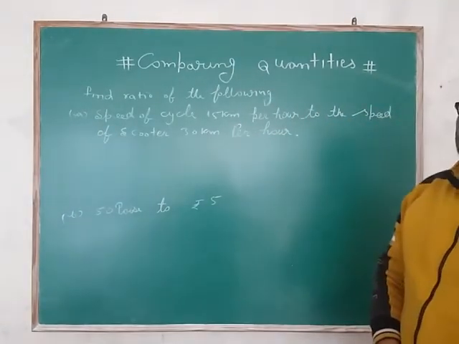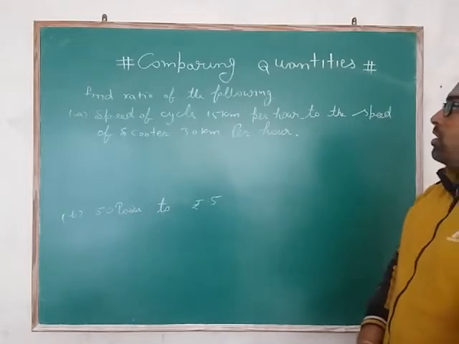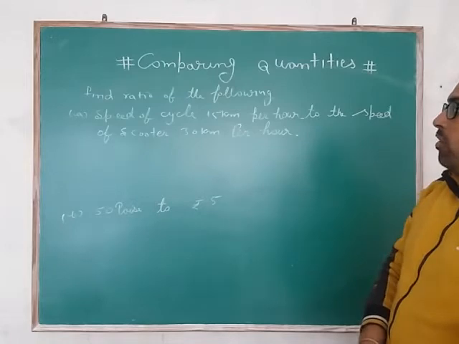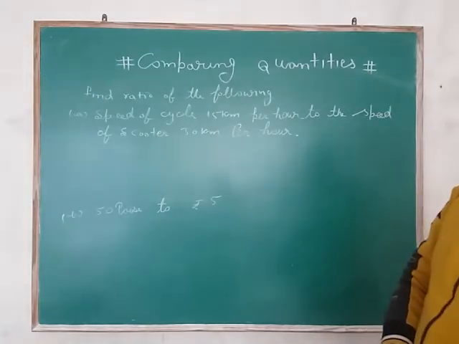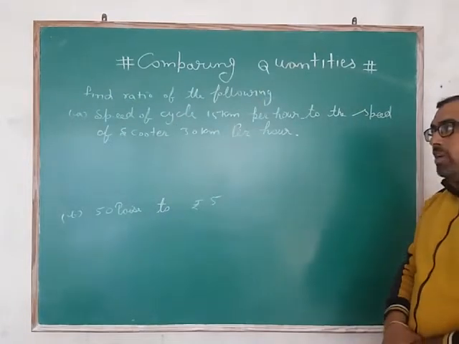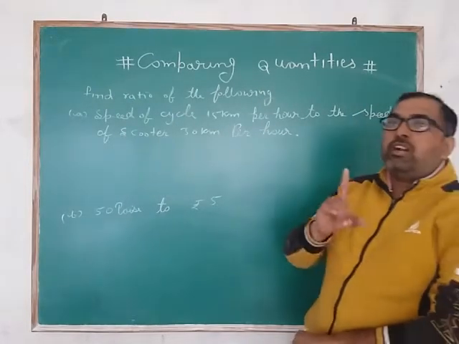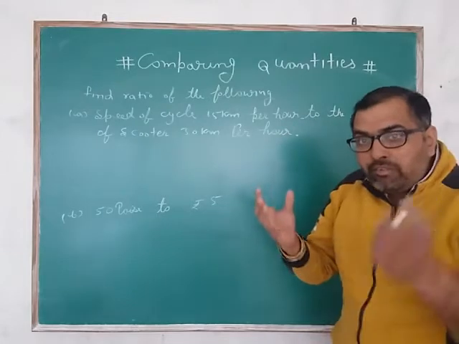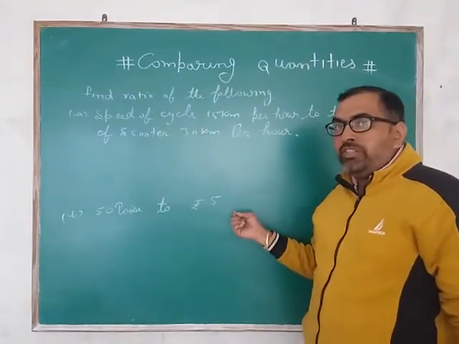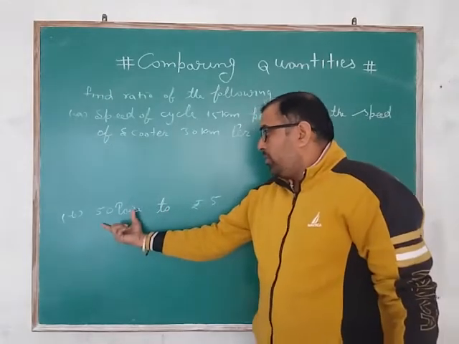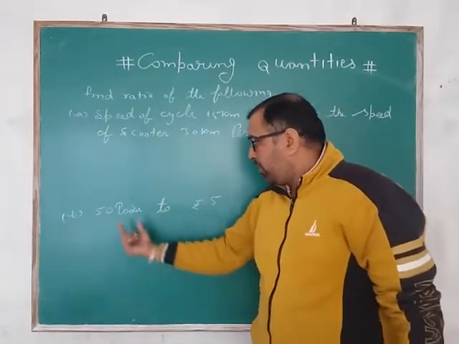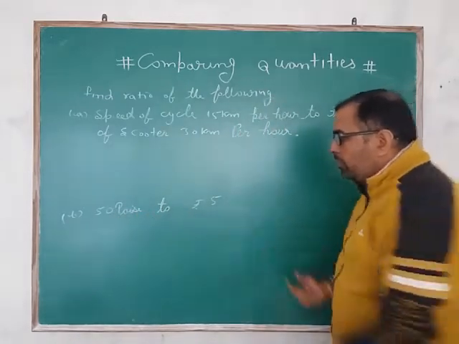Class 8, comparing quantities. Before that, we have to understand what is ratio. We can find a ratio only if we have two quantities in the same unit, for example paisa and rupees.